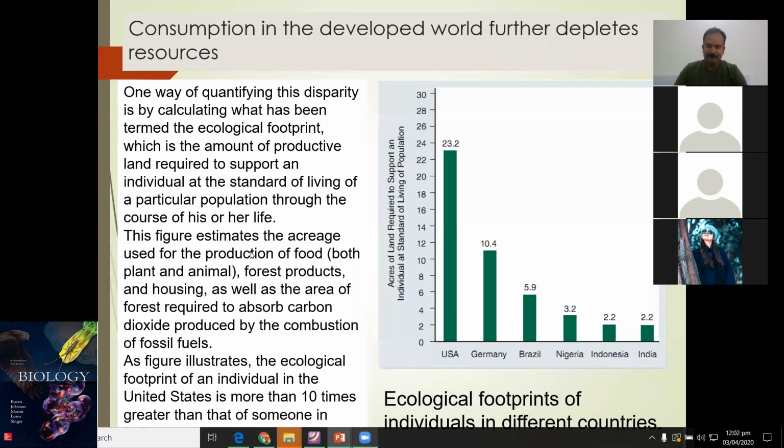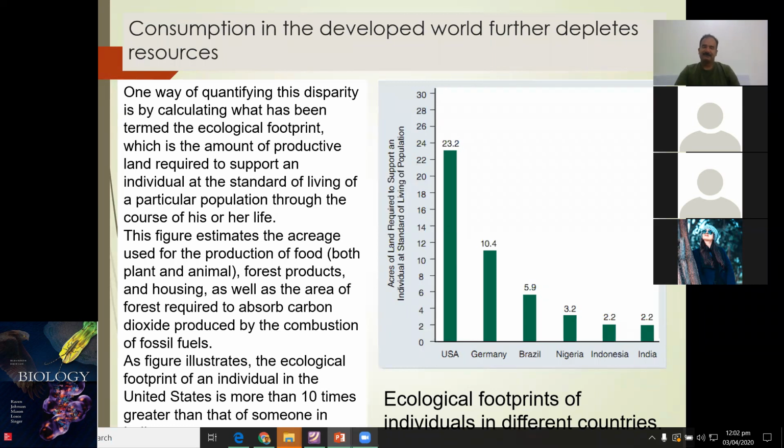In this figure, we have studied available land per individual in a country, and similarly forest resources, agricultural resources, carbon dioxide production, and fossil fuel production. All these are included in the ecological footprint.